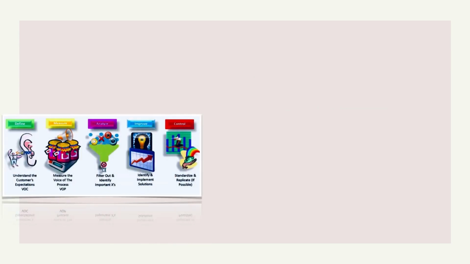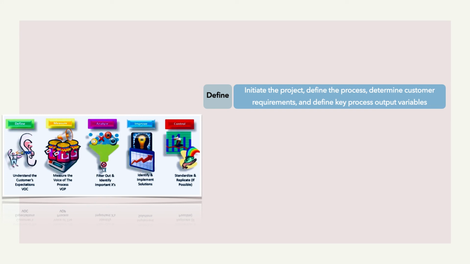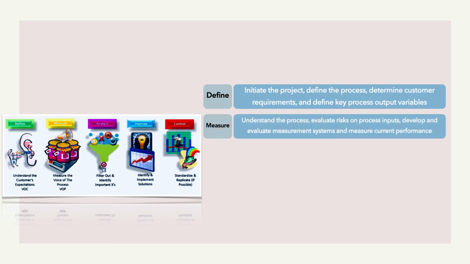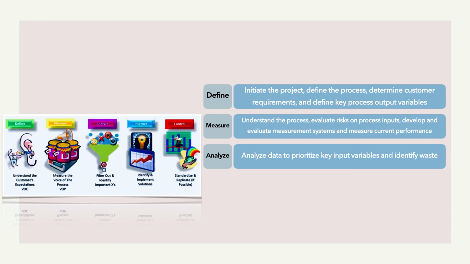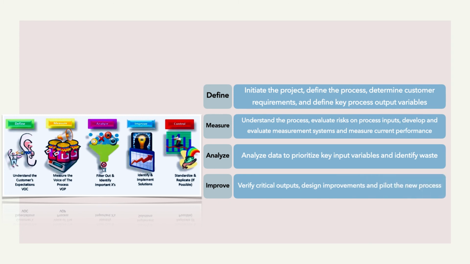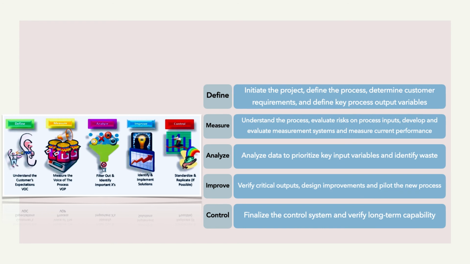For DMAIC, we do the same thing. We start with defining what customers want, then we measure and understand the process and risk. After that, we analyze data and identify importance and waste. In the next step, we improve design and implement the new process. Finally, we control the new system and verify long-term capability.